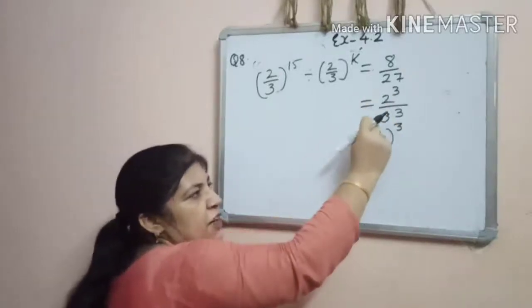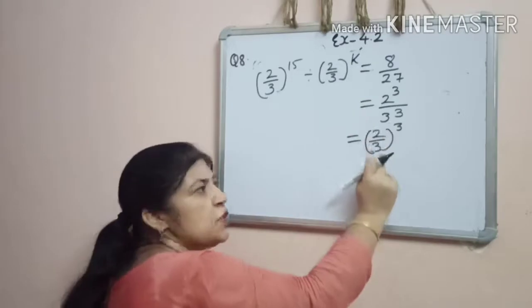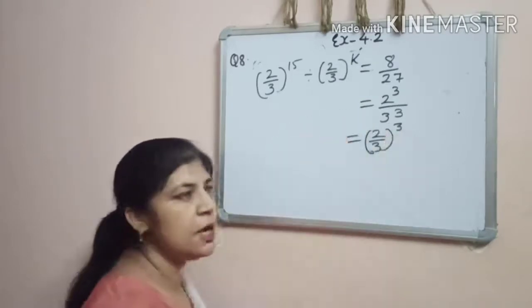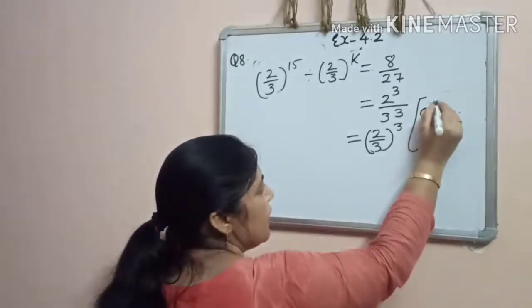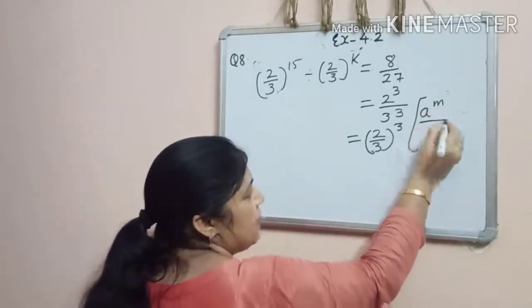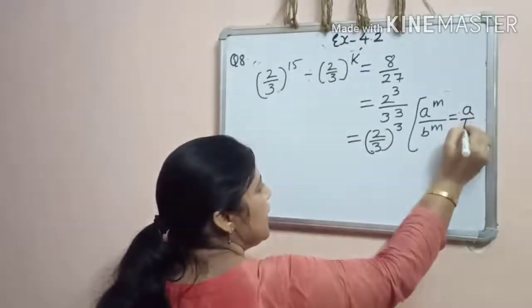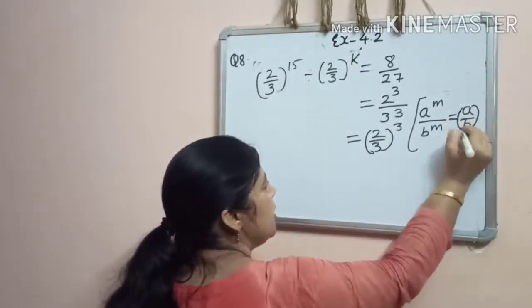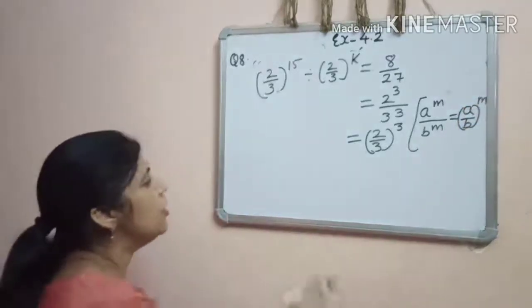The bases are different, powers are same. In case of division, the bases will be divided with same power. It means which law you have used? A raised to the power m divided by b raised to the power m. That will be equal to a by b raised to the power m. Clear?